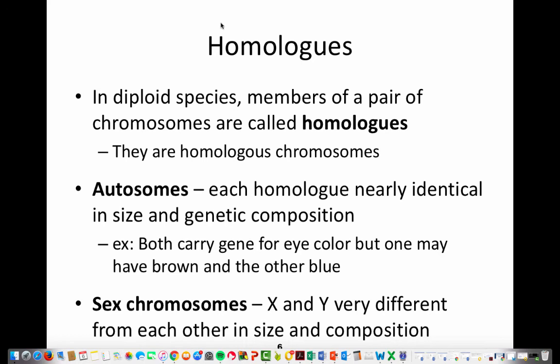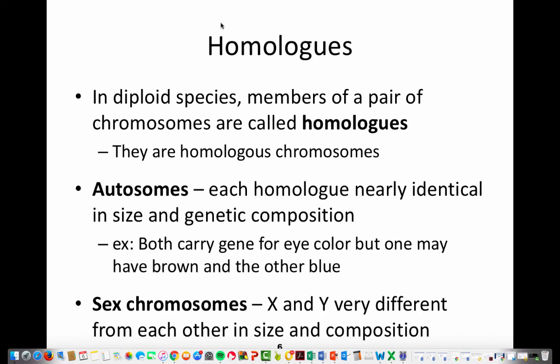So all your autosomes, what does autosome mean again? It's the first 22 chromosomes, right? Each of those are homologs of each other because one comes from mom and one comes from, you're right, dad.